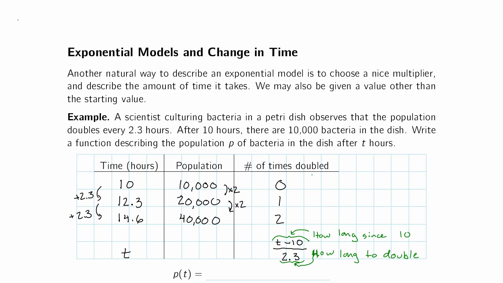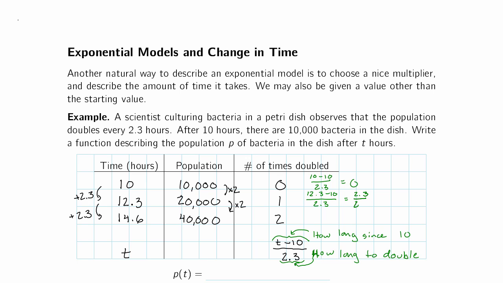So at 10 hours, of course, 10 minus 10 is 0, no matter what we divide it by. 12.3 minus 10 is 2.3.